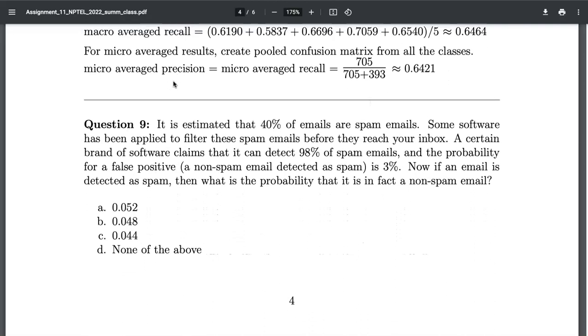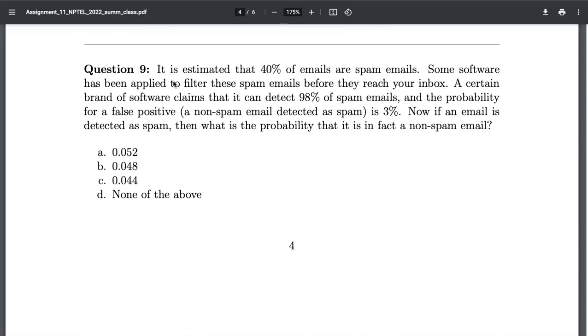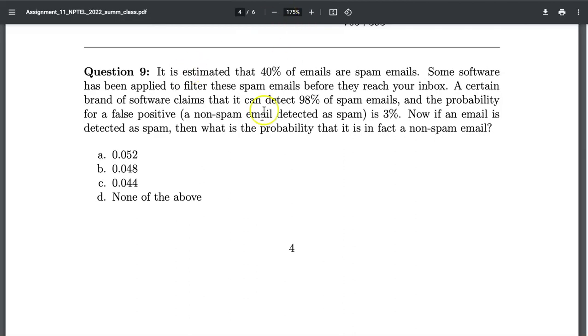Okay, so yeah, this is basically a probability kind of question. What is this question asking? It is estimated that 40% of the emails are spam emails, and some software has been applied to filter these spam emails before they reach your inbox.